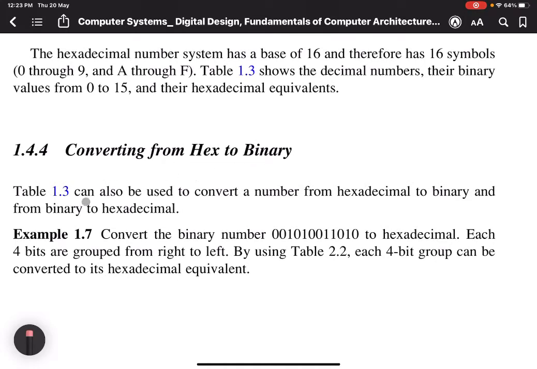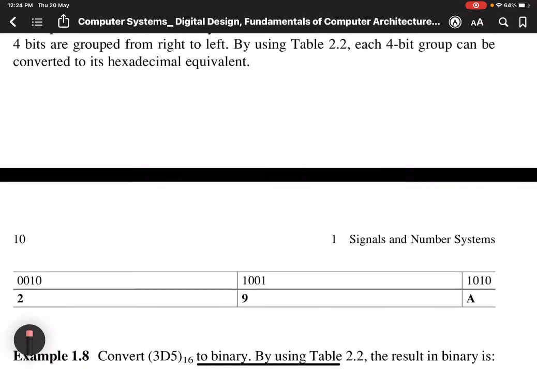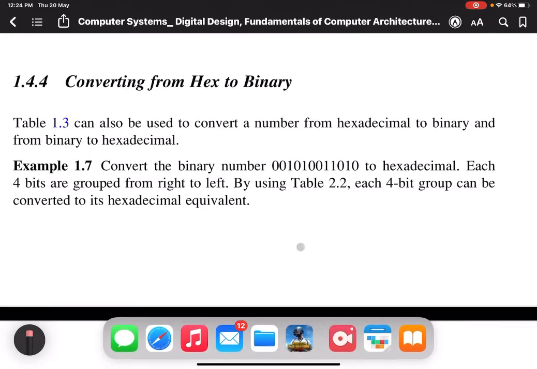Table 1.3 can also be used to convert a number from hexadecimal to binary and from binary to hexadecimal. So we have example 1.7. Convert this binary number to hexadecimal. Each 4 bits are grouped from right to left. So from right to left, we will group these bits. Okay, so we will have the following equivalents.